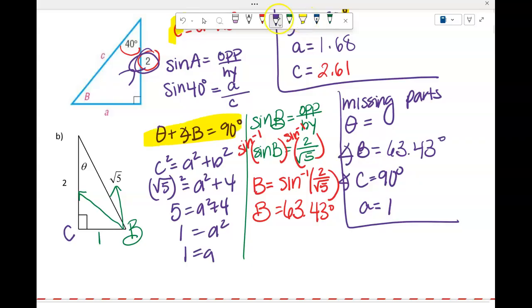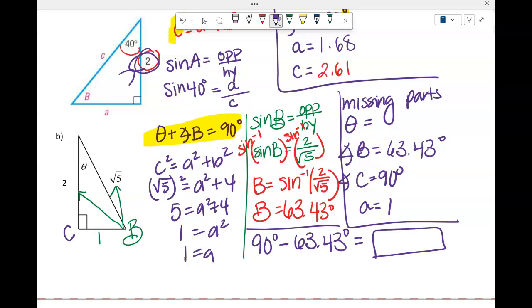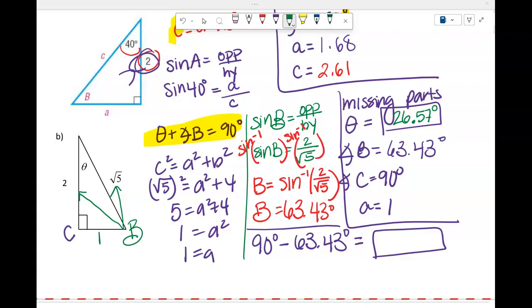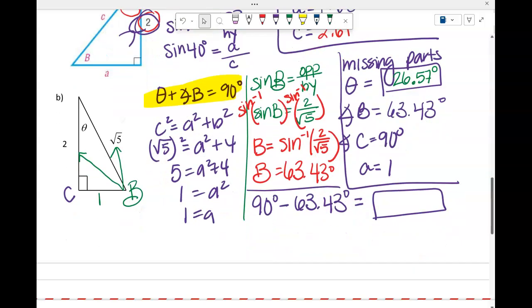So if I already know one angle, 90 minus 63.43 degrees is, you fill that out, and then you're going to give me that answer right there. Okay, so did you guys get angle theta is 26.57, and did you put a bubble to represent degrees? You better put a bubble, otherwise it's not a degree, okay?